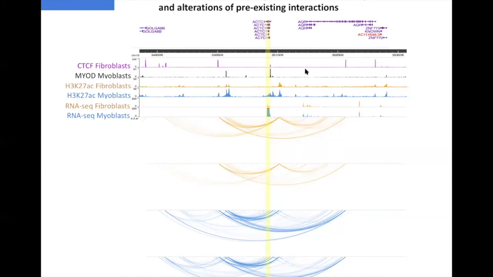So you see that these two bindings correlate with a clear increase in interaction between this promoter and these enhancers. Then I would like to draw attention to the fact that these result in further multi-loop interactions. But I think the first event that triggers the other interactions is this MyoD binding to this promoter.